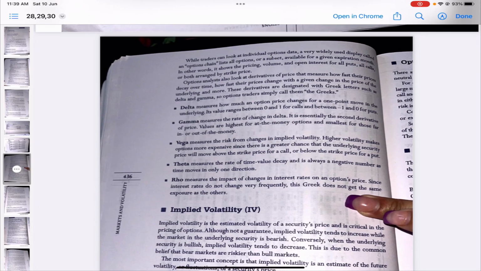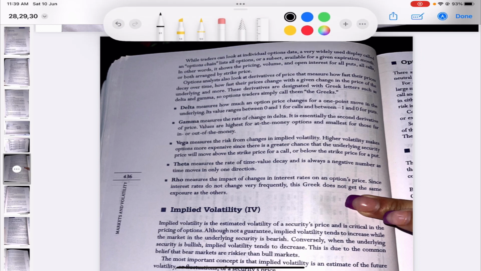Alright, so now let's look at this. These are the option Greeks. Now we come to a very essential thing, which is the option Greeks. Option Greeks are very useful in your trading. So let's see what the Greeks are. The first Greek is delta. Delta basically measures how much an option price changes for 1 point of move in the underlying.